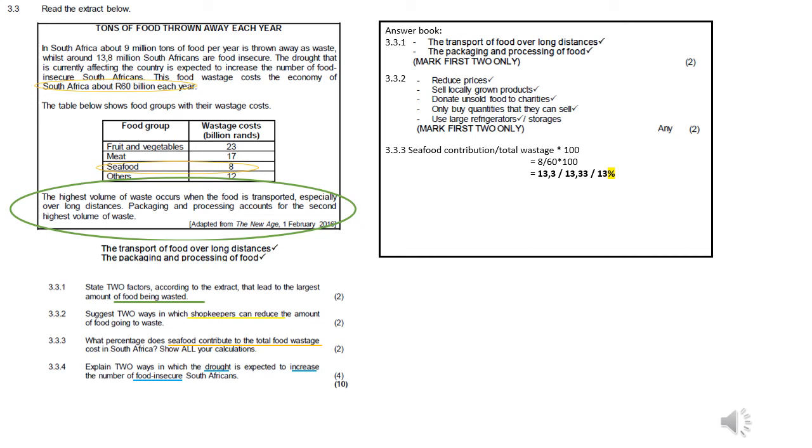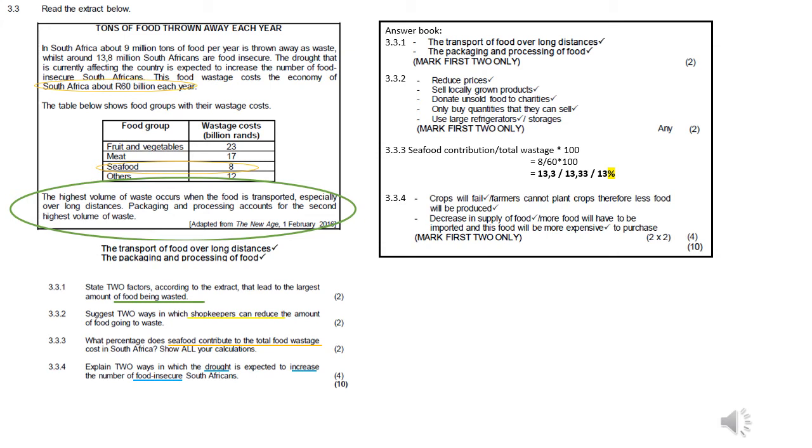3.3.4. Two ways in which the drought is expected to increase the number of food insecure South Africans: crops will fail or farmers are unable to plant crops, therefore less food will be produced, causing a decrease in supply of food.